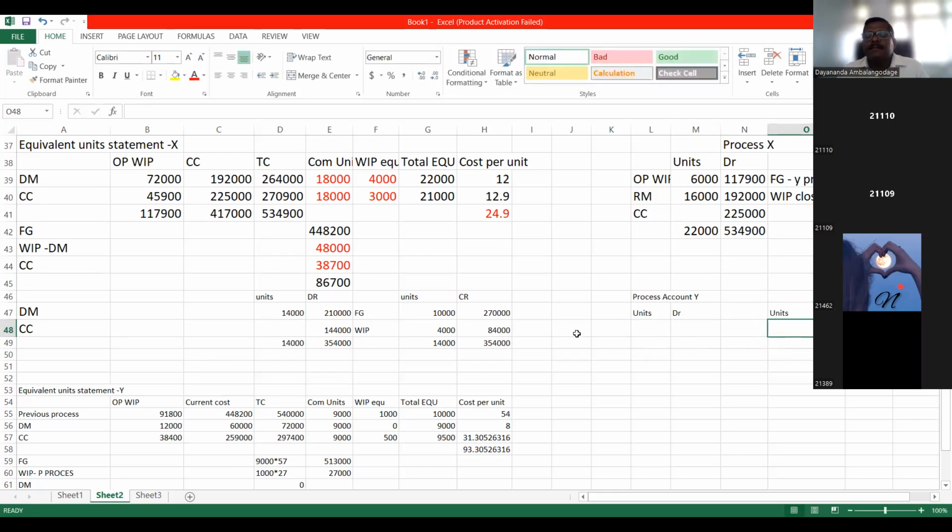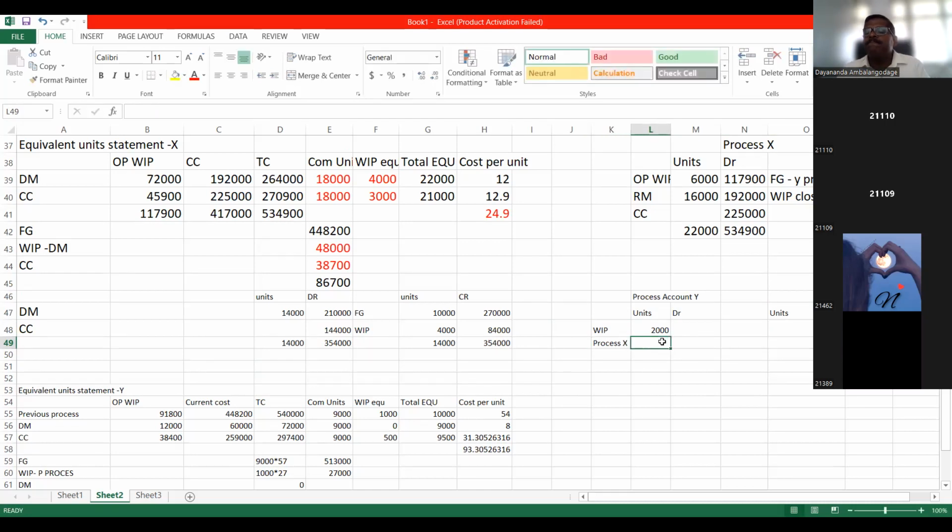Here you see that you have the WIP opening. WIP opening is 2,000 units. From process X, how much do you get?